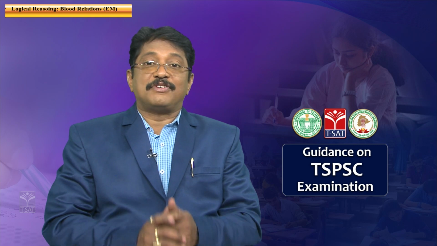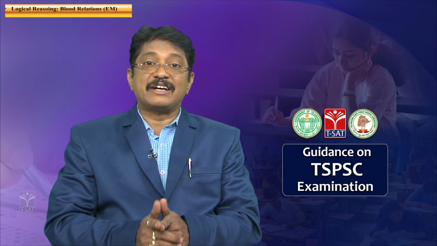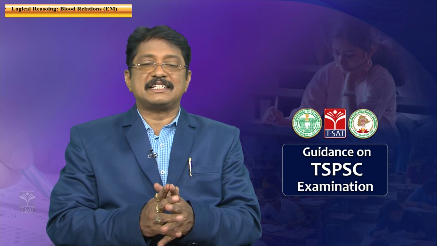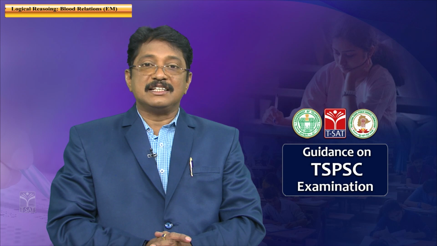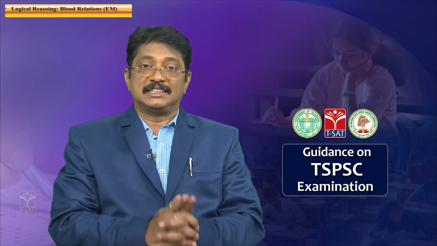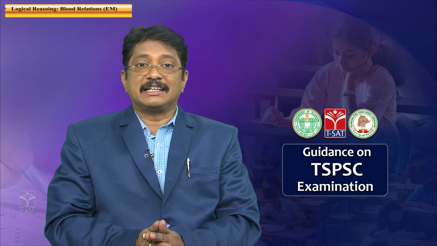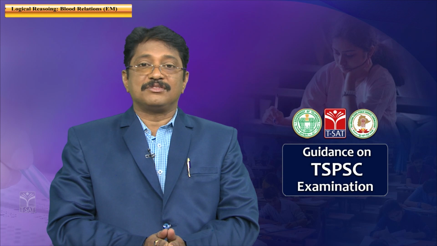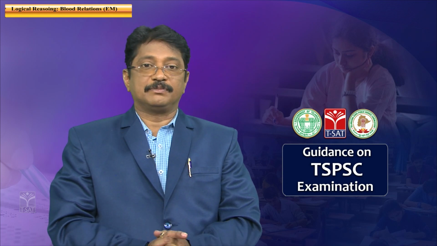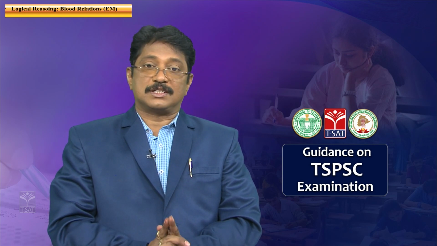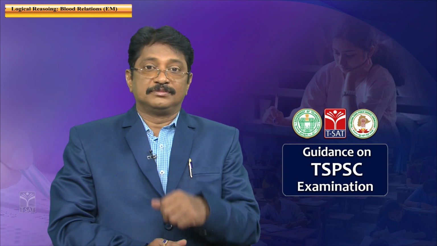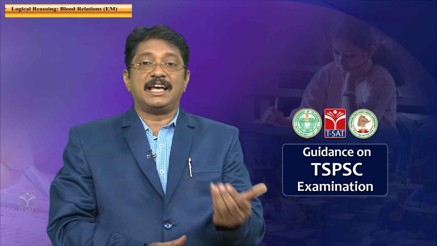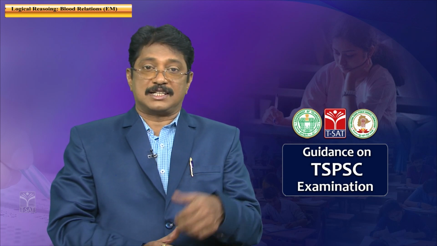D is the father of A and grandfather of F. So by this statement, we can say A is the father of F, correct? Now D and A are the 2 fathers, because A has a son and D also has a son. So A and D, these 2 are fathers.